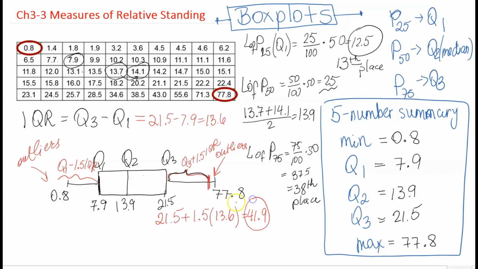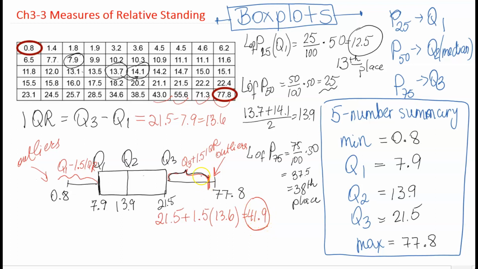That is the cutoff score for the outliers that are significantly higher than the rest of the data. If you look at the dataset, we have 43, 55.6, 71.3, and 77.8 data values that are higher than the cutoff score of 41.9.